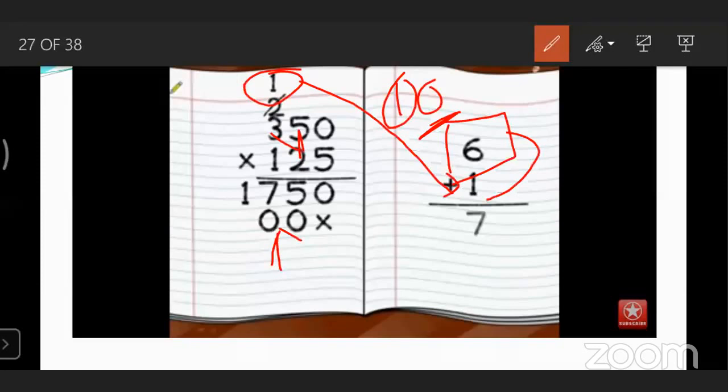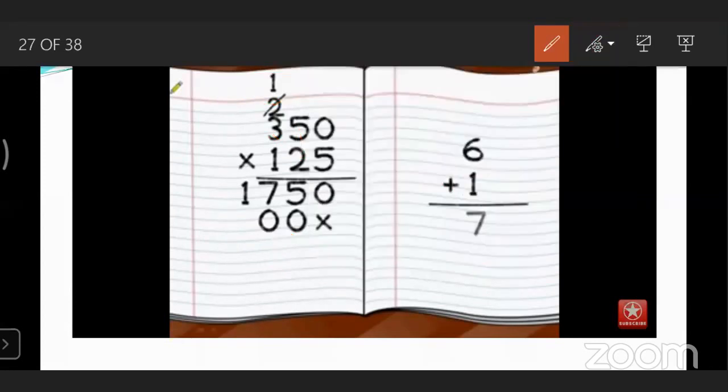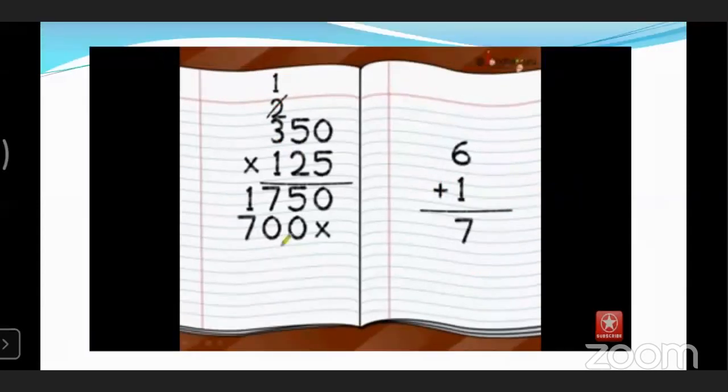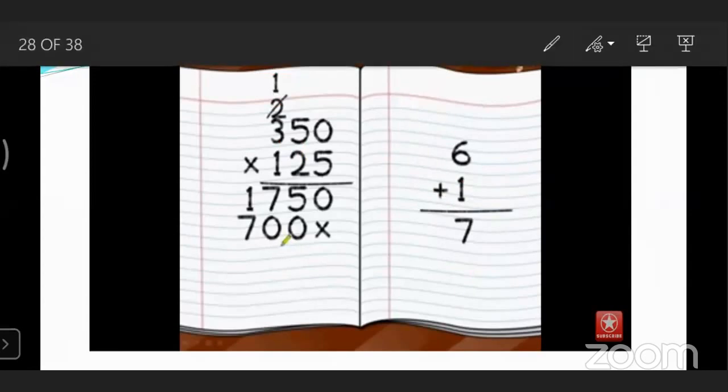So 6 plus 1 is 7. 7, right? So we have written this 7 here.